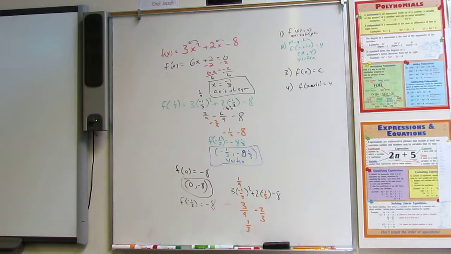Negative 1/3 squared is 1/9. Times 3 is 3/9. And then 2 times a negative third is a negative 2/3. It's not working. Why isn't it working? Two times 3, 6. Are you sure? Yeah, I'm sure.